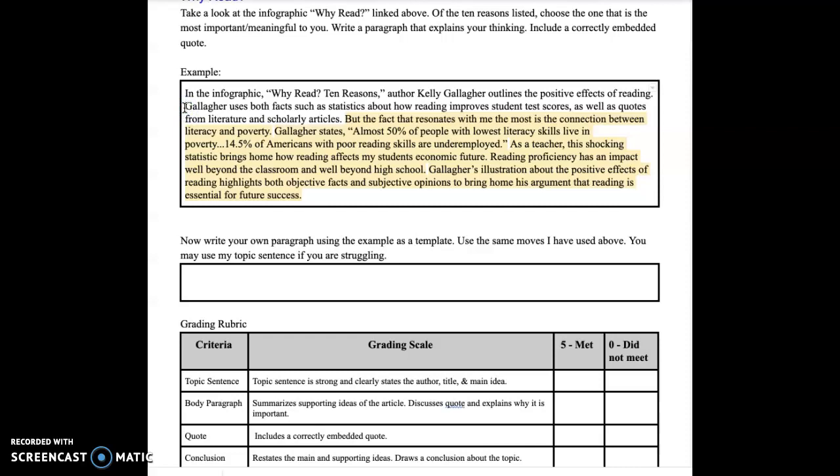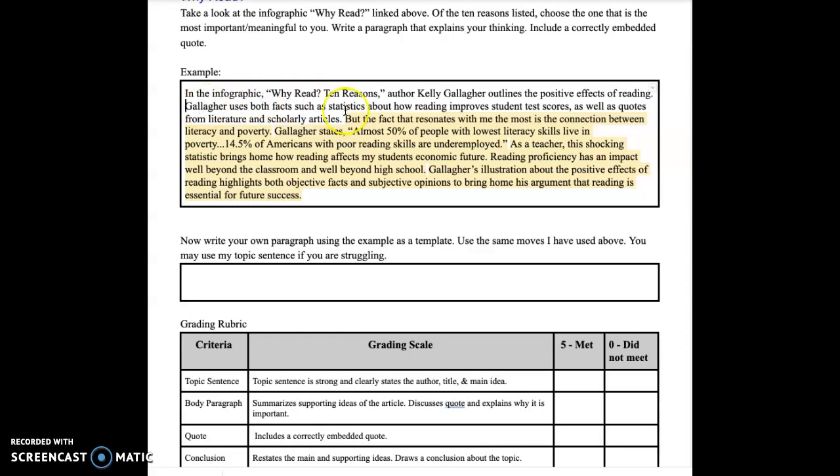I wrote, Gallagher uses both facts, such as statistics, about how reading improves student test scores, as well as quotes from literature and scholarly articles. So this is kind of an overview. I'm examining the support. I'm examining the evidence here of what he has offered.